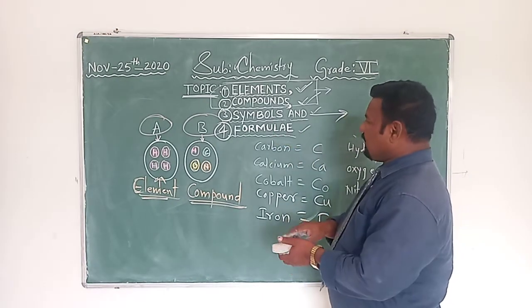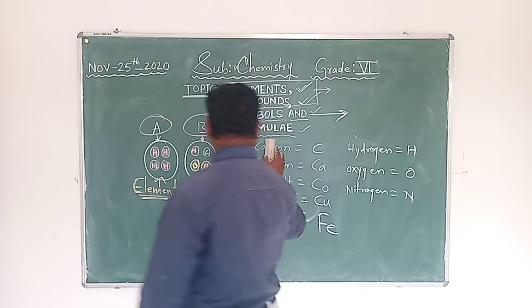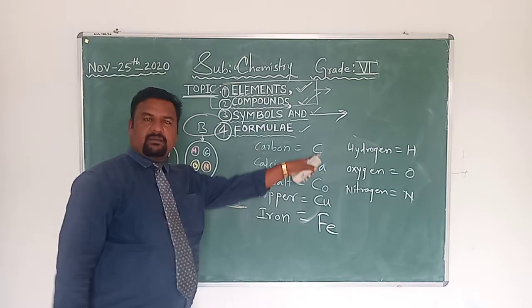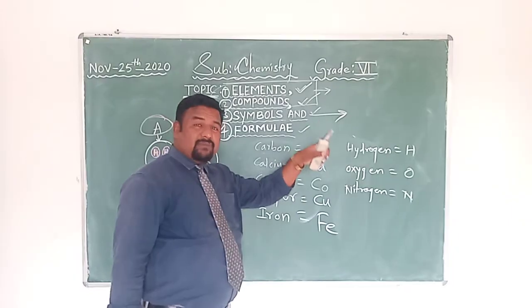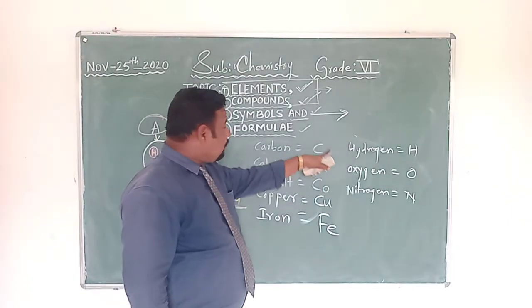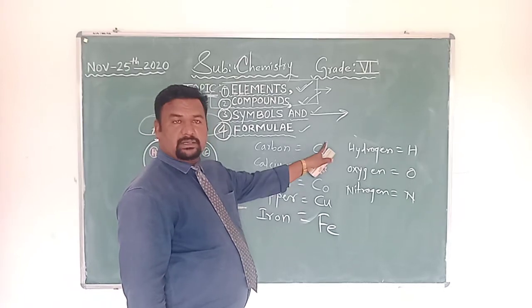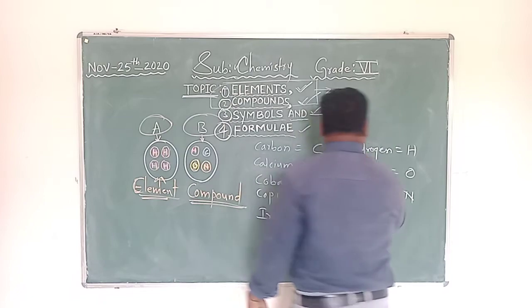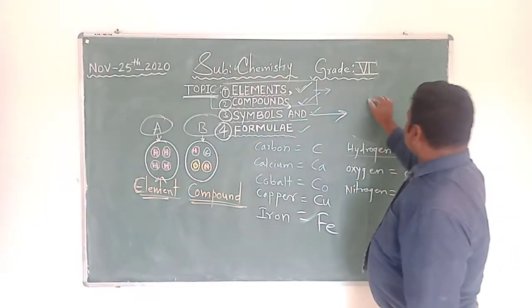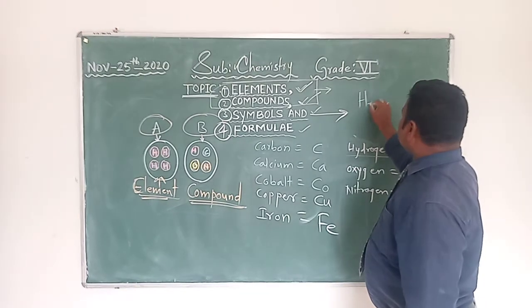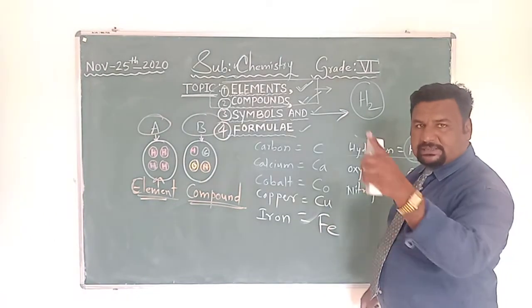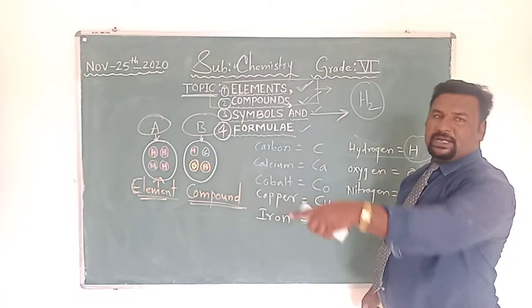This is about symbols. Next, coming to formula. Children, see, formula versus symbol. Symbol of carbon is C. What is the formula of carbon? The molecule of carbon, we have to write C only, because it's monoatomic. Now, symbol of hydrogen is H. When you are asked to write the formula of hydrogen, we are not supposed to write only H. We have to write H2 because it's diatomic: monoatomic, diatomic, triatomic, polyatomic.